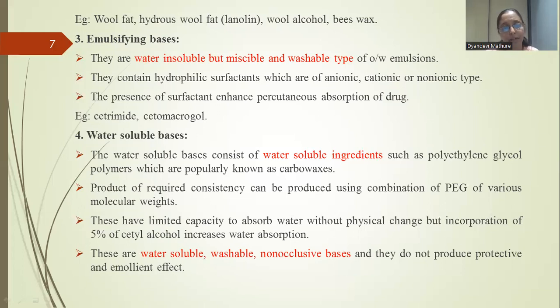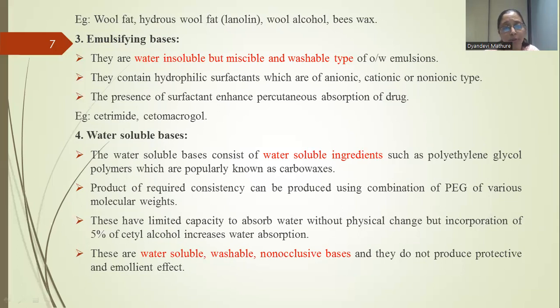The name itself indicates water soluble bases means of course they are soluble in water. Now if they are soluble in water, that means they are also easily washable. Okay, so the water soluble bases consist of water soluble ingredients. Why are they water soluble? Because they contain water soluble ingredients, whereas in the rest of the bases we have ingredients which are either oil, wax, or fatty acids, isn't it?